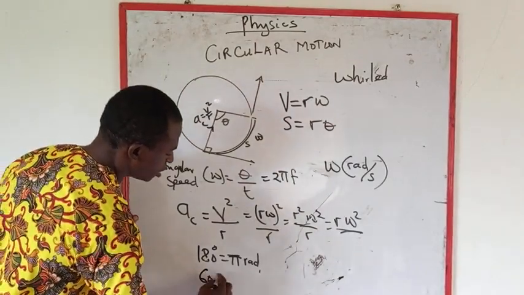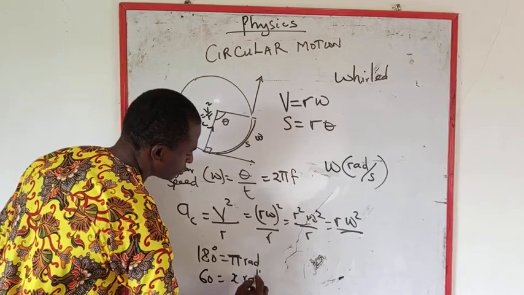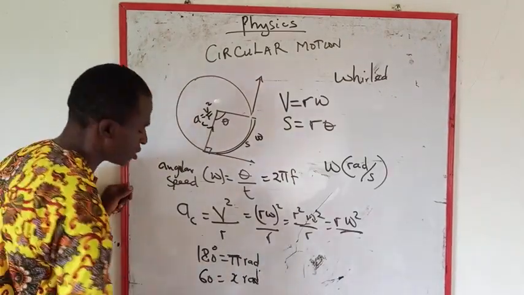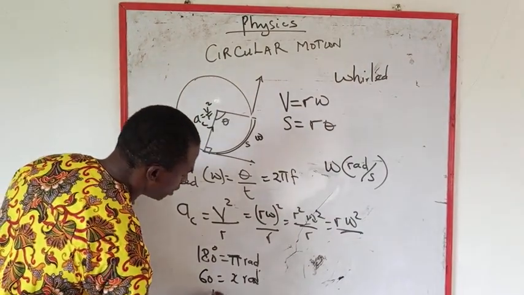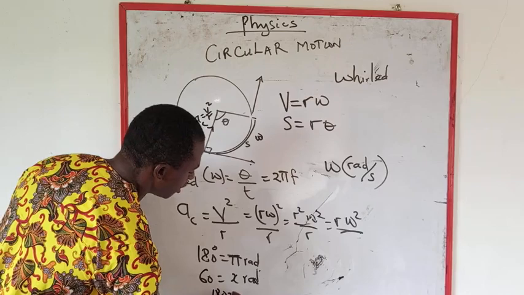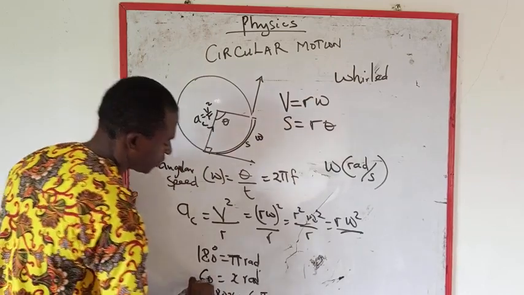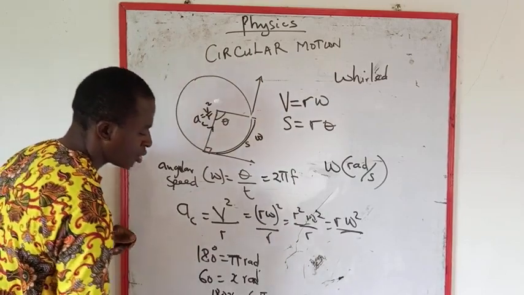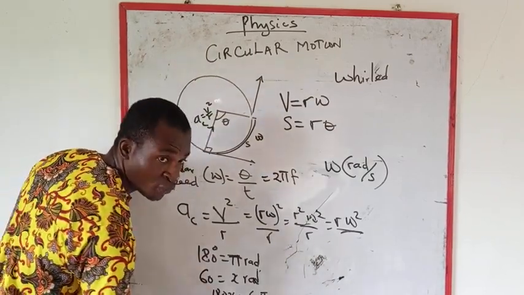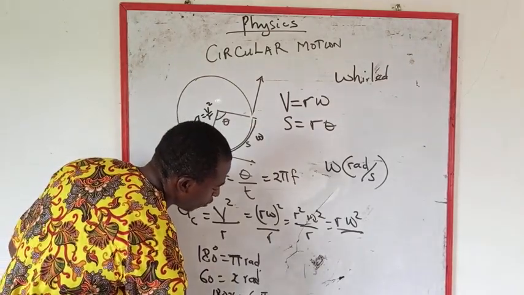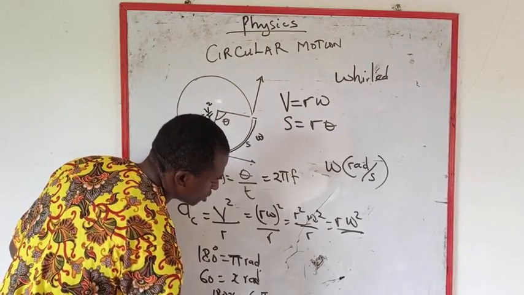See what I will do. I will say 60 equals x rad. Then I'll multiply. I will not carry the units alongside. So I'm now having x times 180, that is 180x, equal to 60 times pi, which is 60 pi. Divide both sides by the coefficient of x, so x becomes 60 pi over 180.